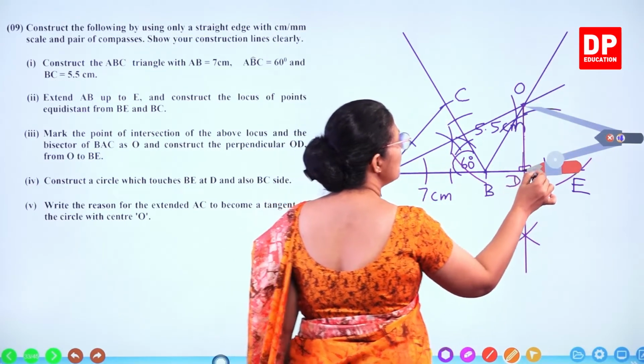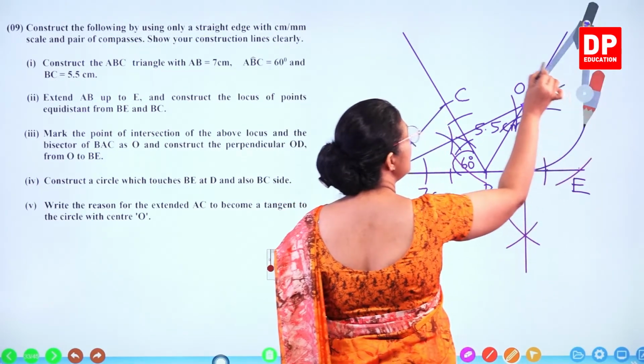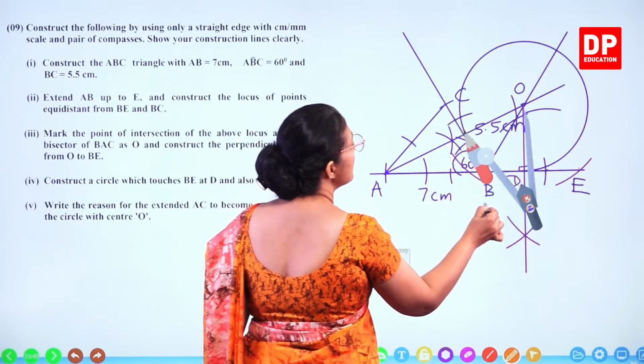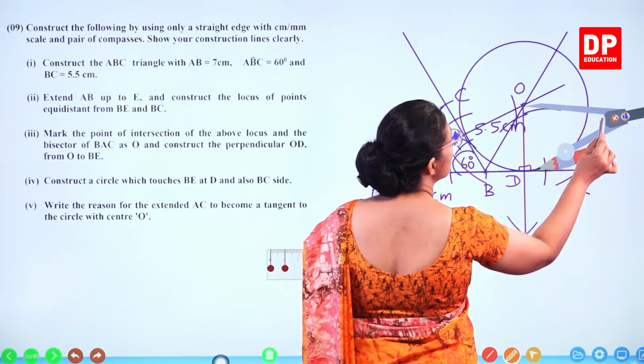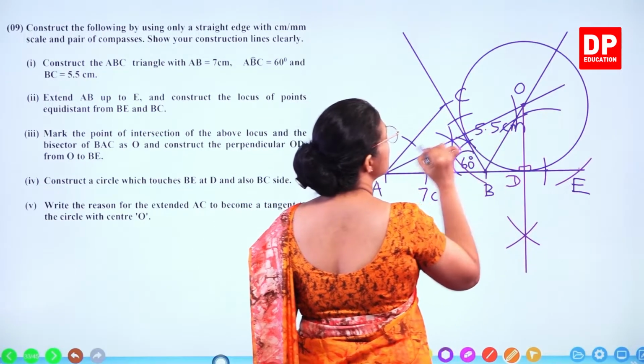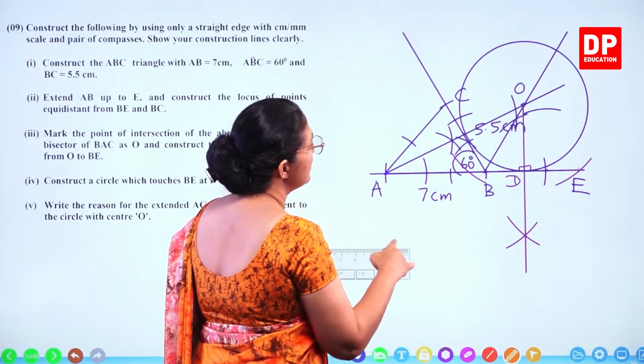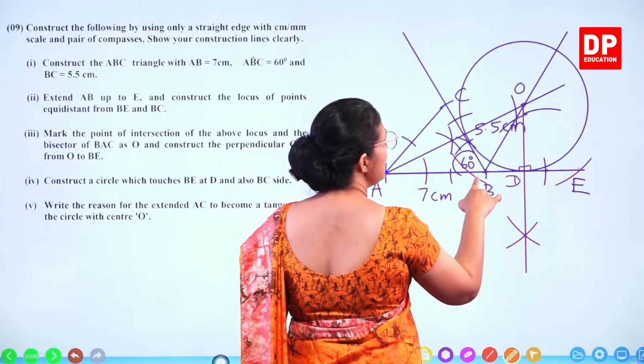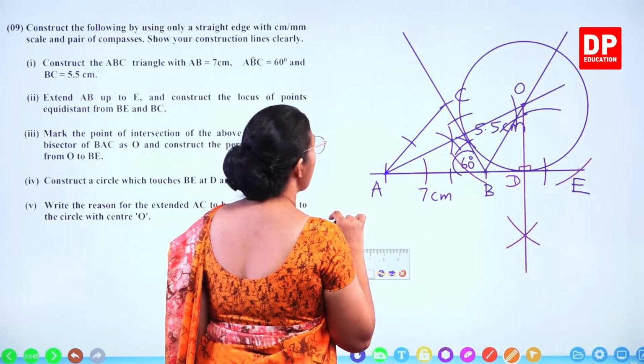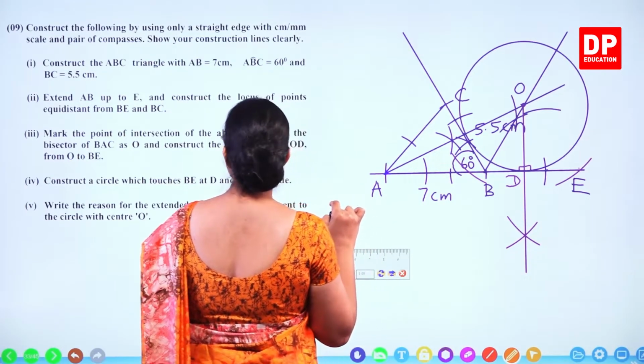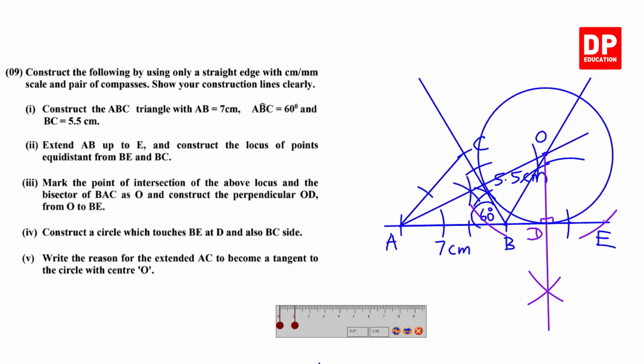And then when you draw the circle, you will see it touches here BC line as well as touches the BE line at D. Then it says, write the reason for the extended AC to become a tangent.